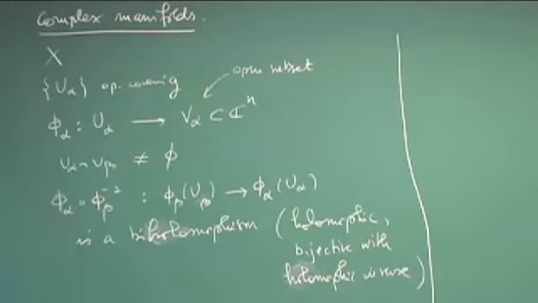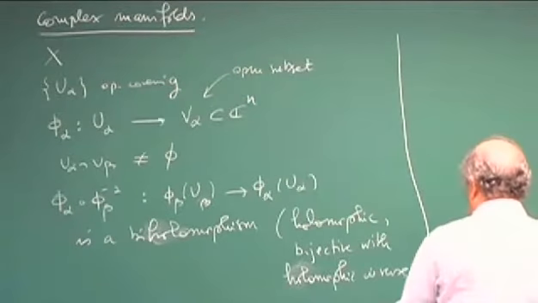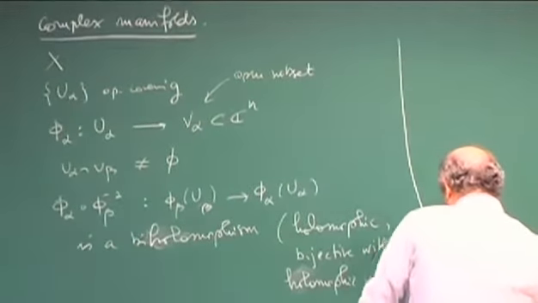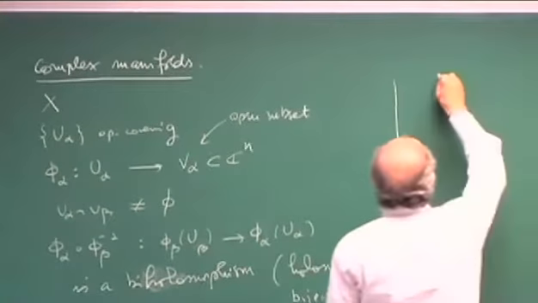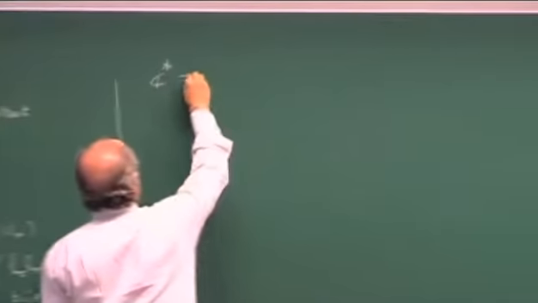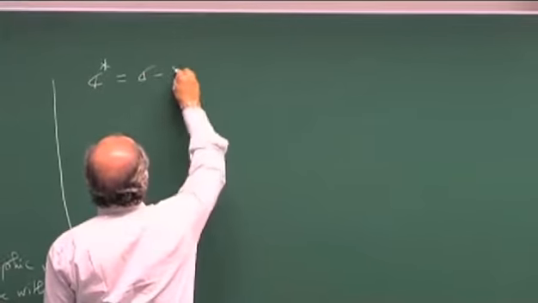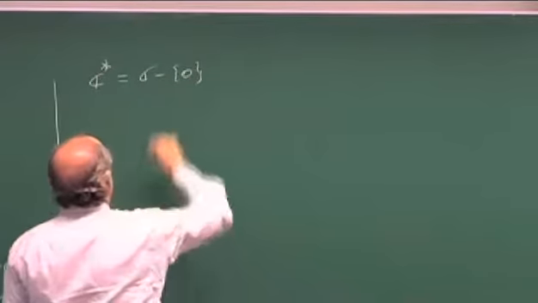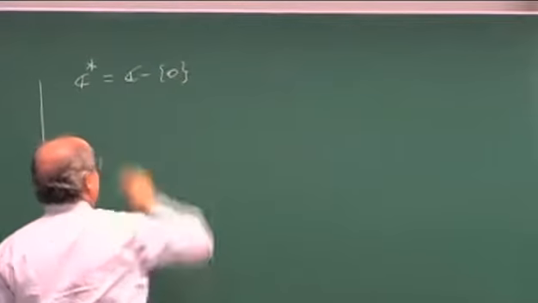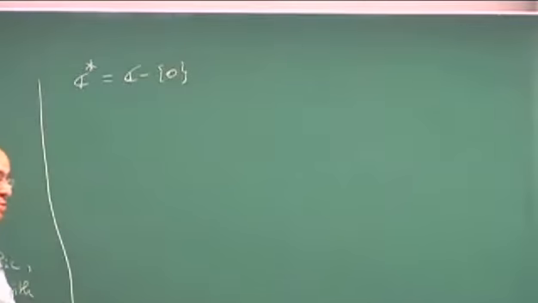The easiest non-trivial example is perhaps the projective space. So let me first introduce this notation. We call C star the non-zero complex numbers, and this, of course, as we were saying this morning, is an abelian group under multiplication.